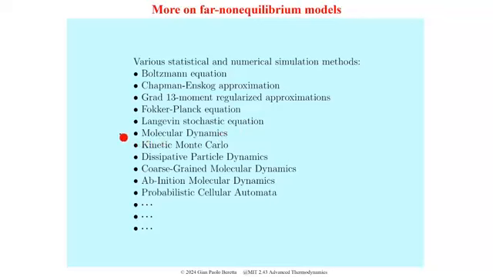And then you're certainly familiar with molecular dynamics, Monte Carlo, and various flavors of the molecular dynamics that have been developed over the years to overcome some of the limitations.